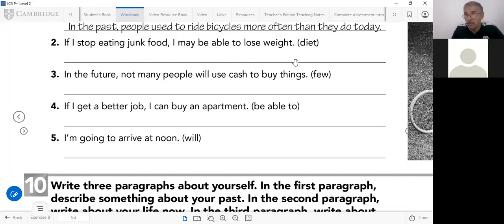Or you can completely, totally change the sentence and you say, if I change my diet, my belly will be thinner. I will be a slim man, right?